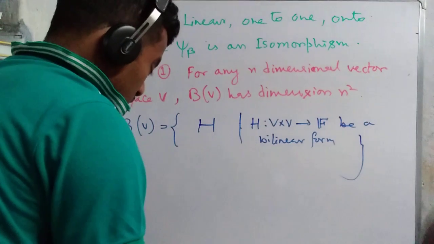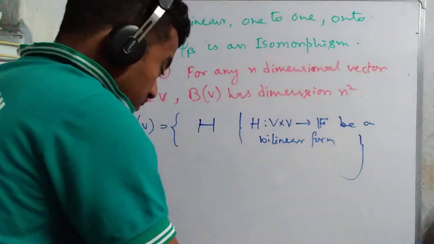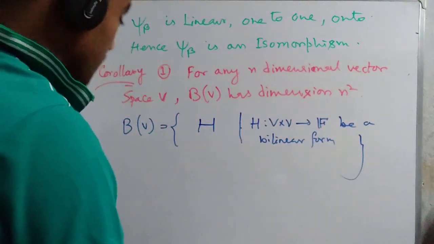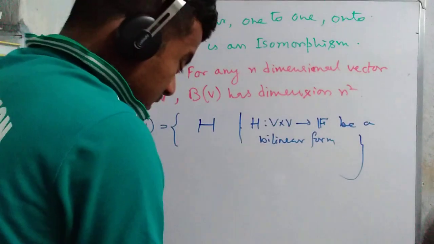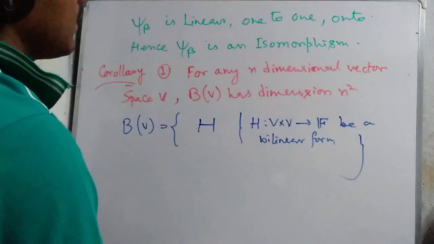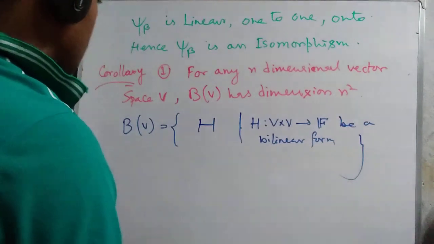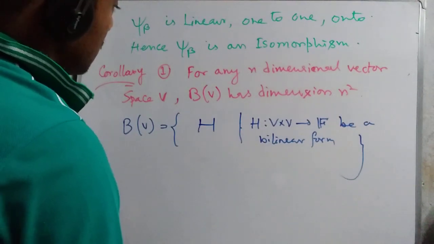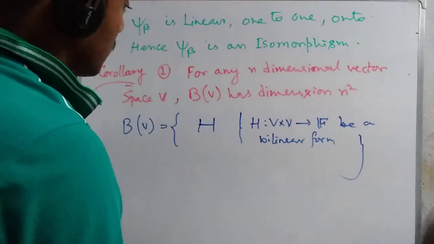And then we also discuss this: BV has dimension n square. If V has dimension n, then BV has dimension n square. Understood?